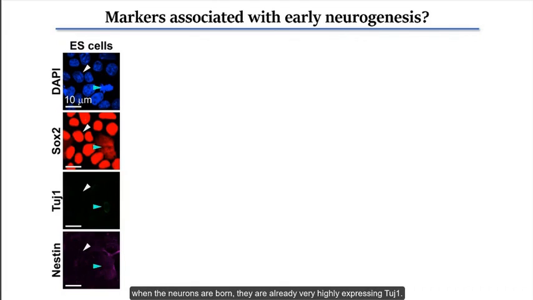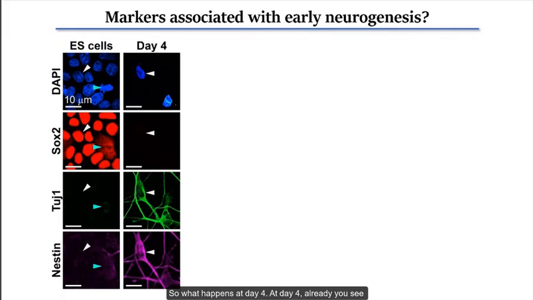SOX2 is a stem cell marker, and nestin is an NSC marker. Here the cells are still at the stem cell stage, and you can see a cell dividing, with the two daughter cells being pulled away from each other. They stain brightly with SOX2, but mostly negative for TUJ1 or nestin.